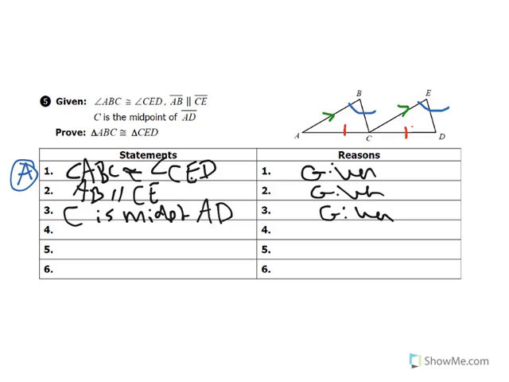Now I need to have a couple more statements to get to angle, angle, side. So we were able to say that those two sides of the midpoint were congruent, but I don't have that statement written in my proof. So I need to say that AC is congruent to DC by definition of midpoint.